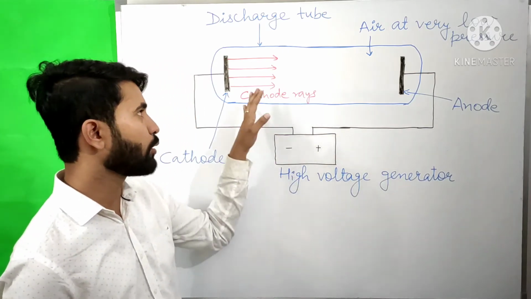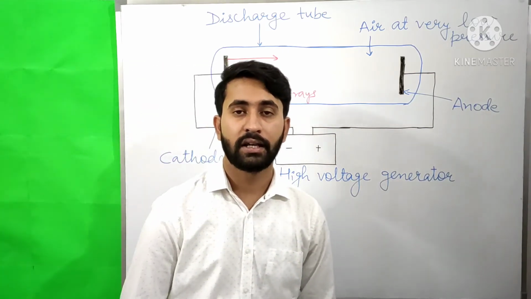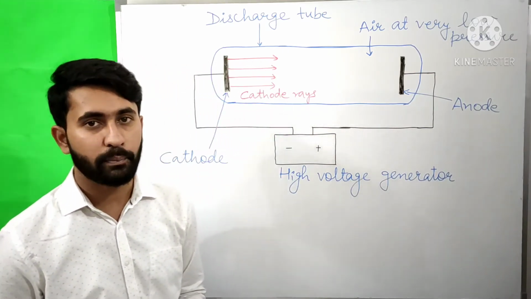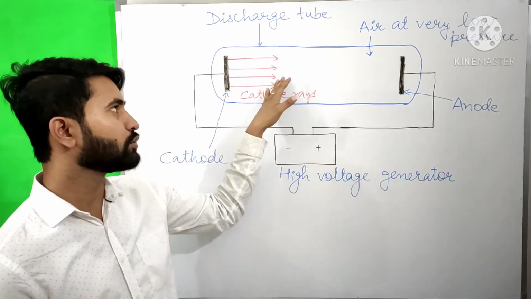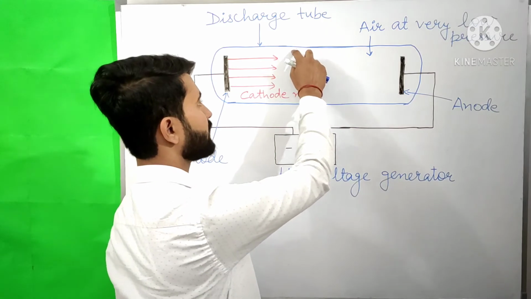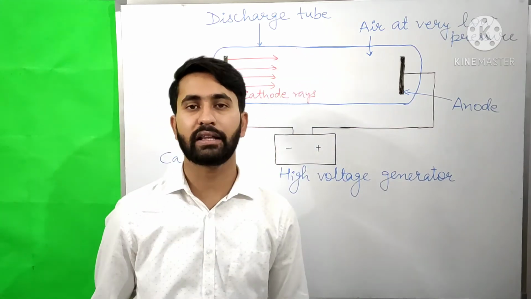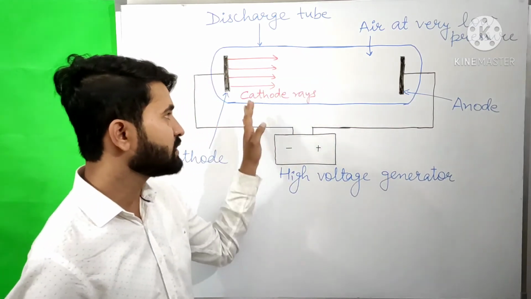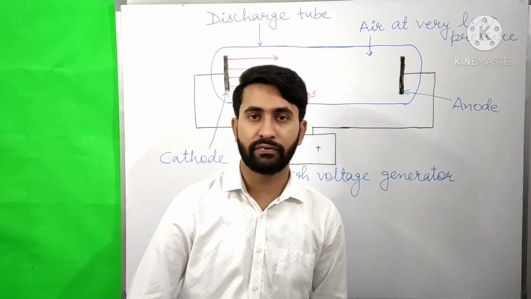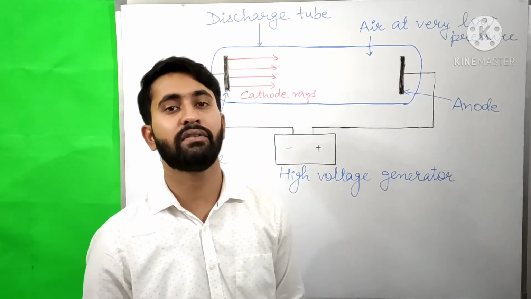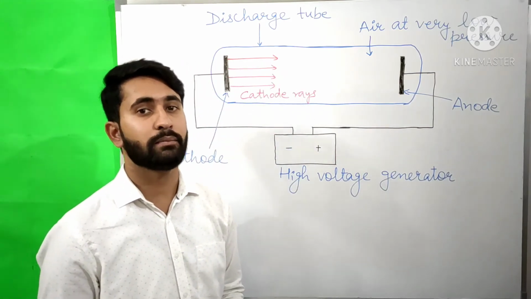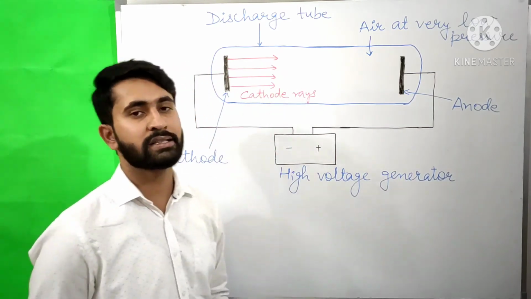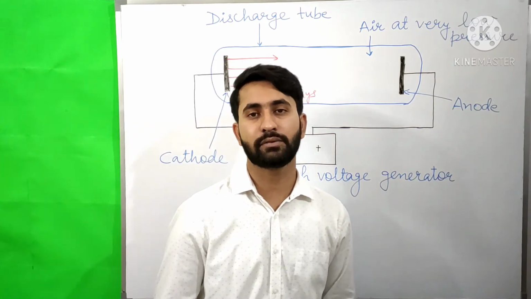To test the properties of these particles, he placed two oppositely charged plates around the cathode rays, one above and one below. The cathode rays were deflected away from the negative plate and attracted towards the positive plate. So it means that the cathode rays are negatively charged particles.